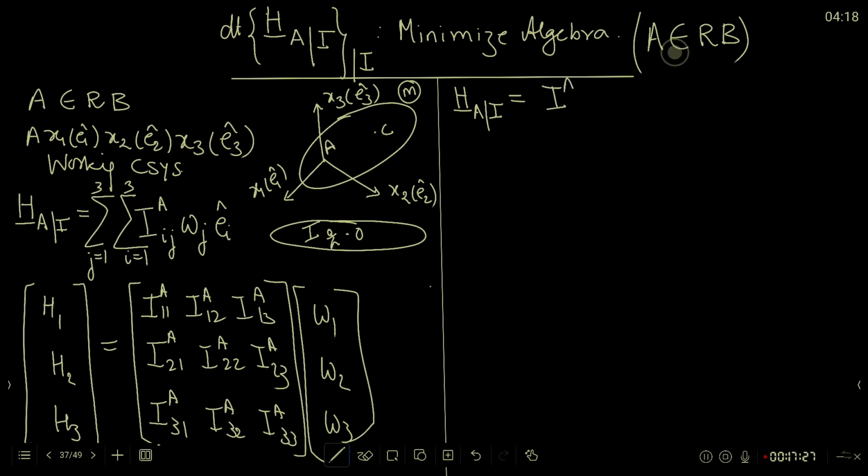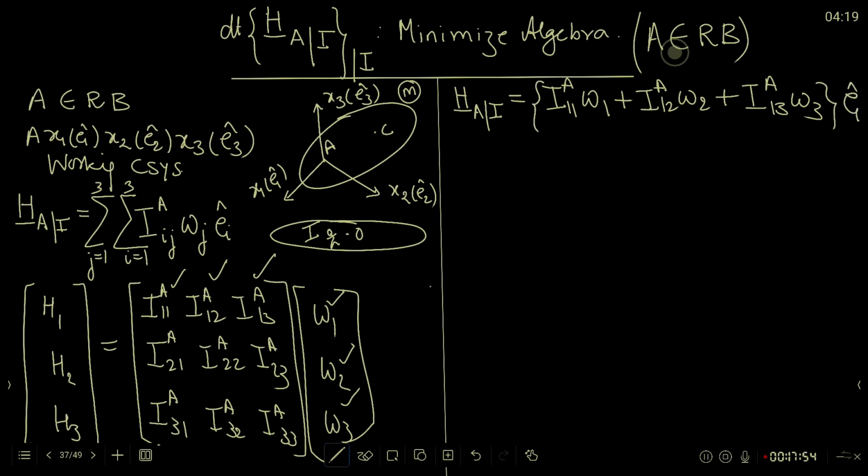The expansion is actually like this. You do the matrix multiplication IA11 with omega 1, IA12 with omega 2, IA13 with omega 3, and all these will be along E1. Similarly, you will have the others.